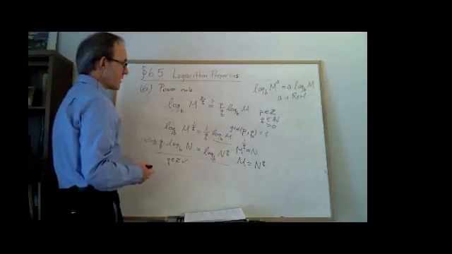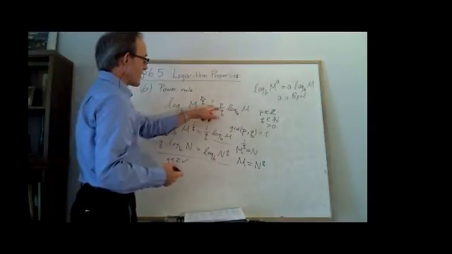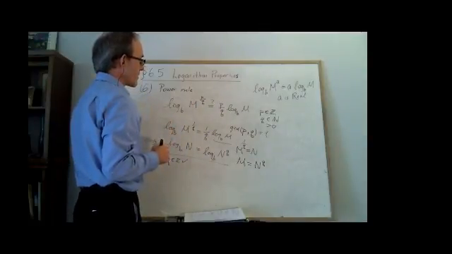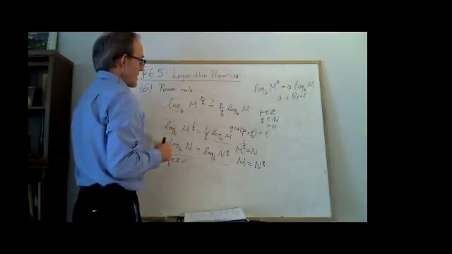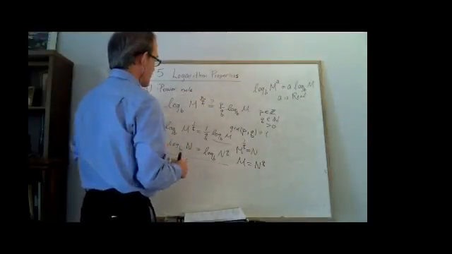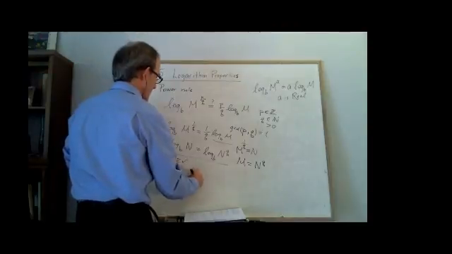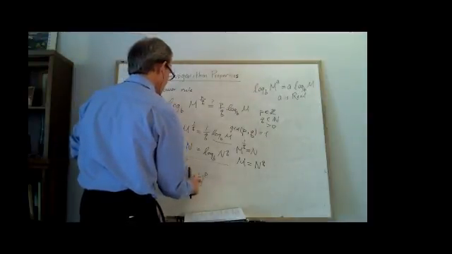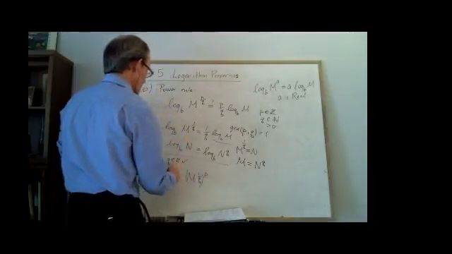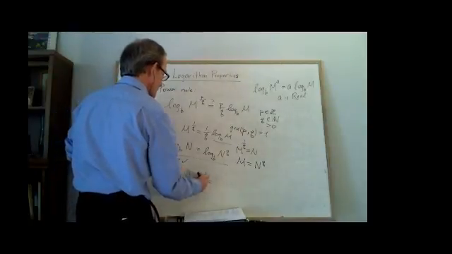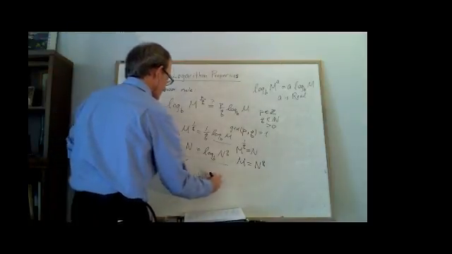And for a general case of p over q, we could do a similar thing where we can combine this operation as m to the 1 over q, to the power p. And then log base b of that will be simply the p comes out first.